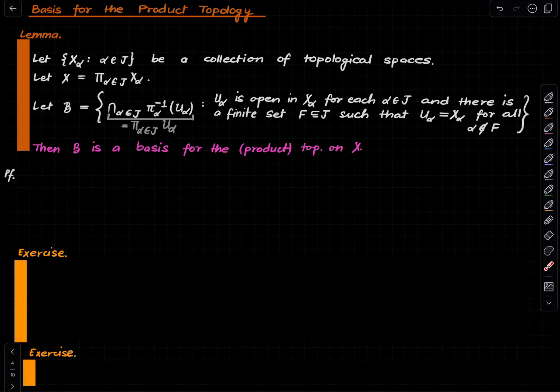Okay, so this may sound strange and maybe even unsatisfactory, because the natural thing to ask for would seem to be the one where all the U alphas are free to be open sets, any open sets in their parent space, but no. This is a very important difference, and I will leave an exercise here for you towards that. But for now, let's just prove the statement that has been written, and not worry too much about the intuition behind it.